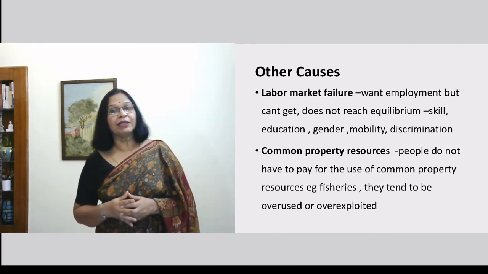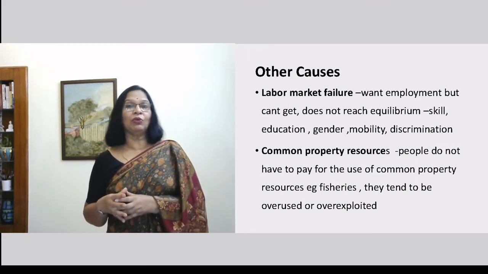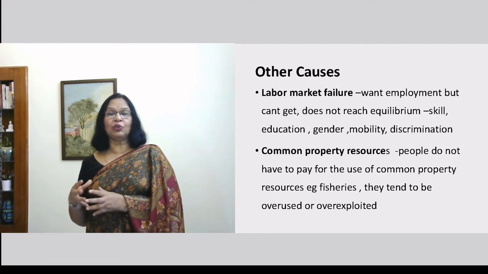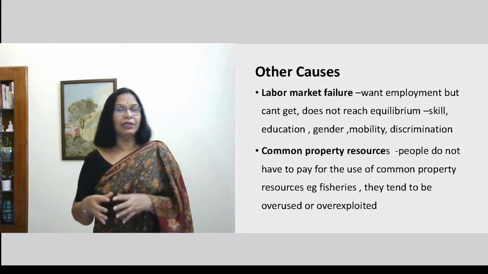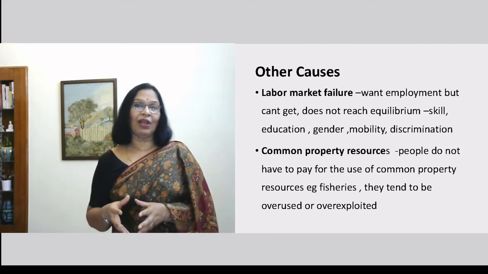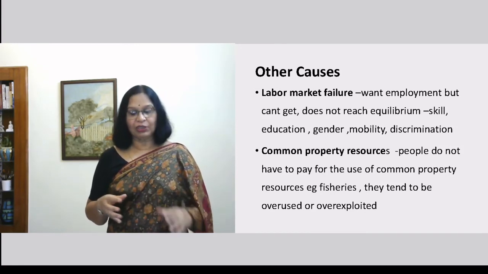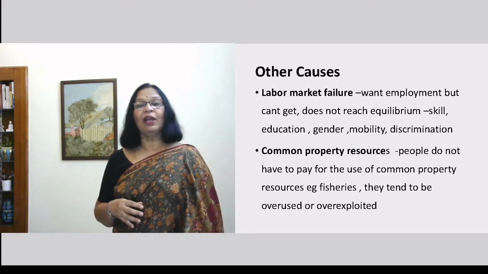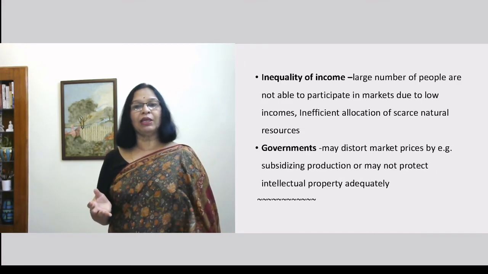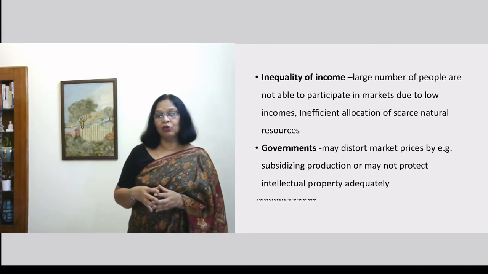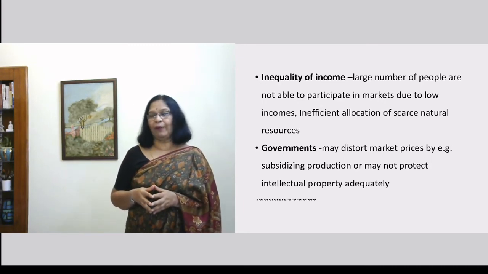So there could be excessive fishing, or excessive use of meadows, or excessive use of forests, and therefore these natural resources could get overexploited. These are again cases where markets fail, and therefore there is a need for intervention. In short, what you're seeing is that markets fail in almost all sectors, and there is a need for government intervention.